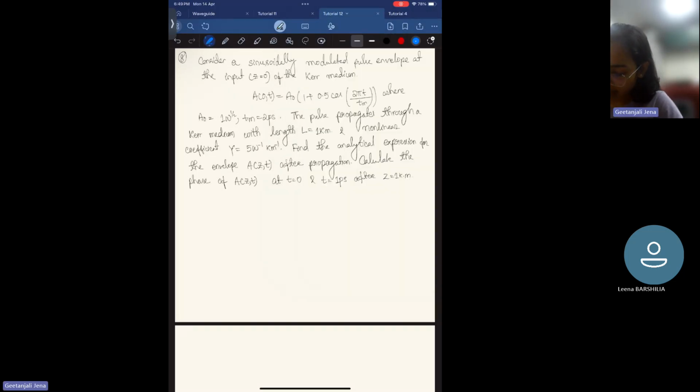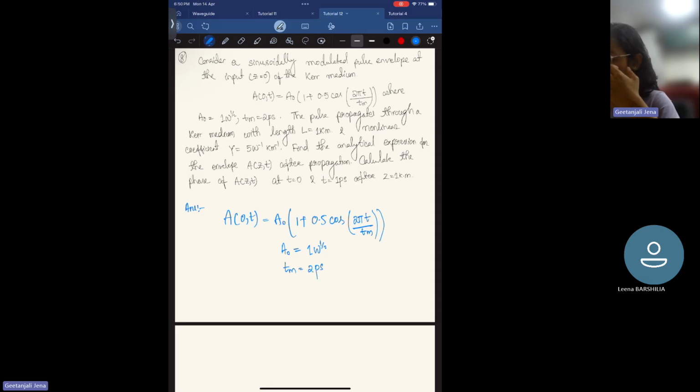So the question says, consider a sinusoidally modulated pulse envelope at the input end z equals 0 of the Kerr medium. A0(t), its pulse envelope, is given to us. A0(t) is A0 times 1 plus 0.5 cos 2 pi t over Tm, where A0 is given, 1 over square root of 2, and Tm is given, 2 picosecond.